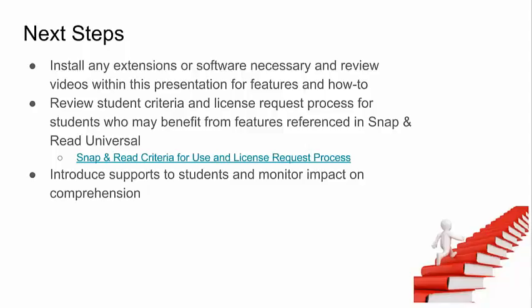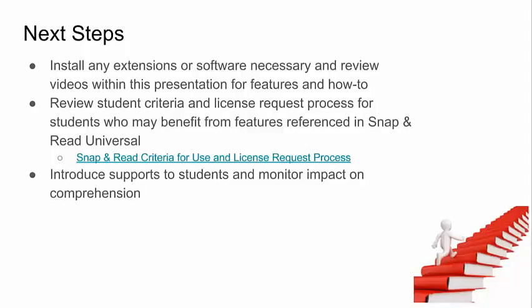If you have students who you think might benefit from Snap and Read Universal, so again, that's that text reader with the built-in readability feature, so that built-in text complexity measure where you can, on a sliding scale, increase or decrease automatically the complexity of the vocabulary within a text.